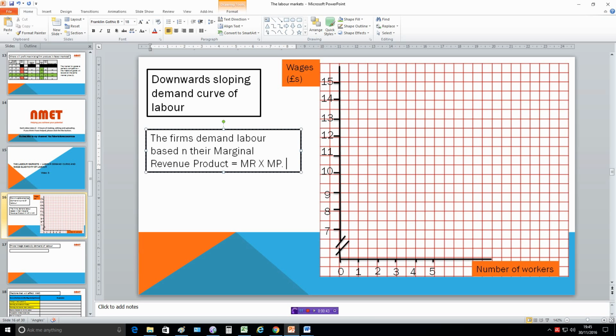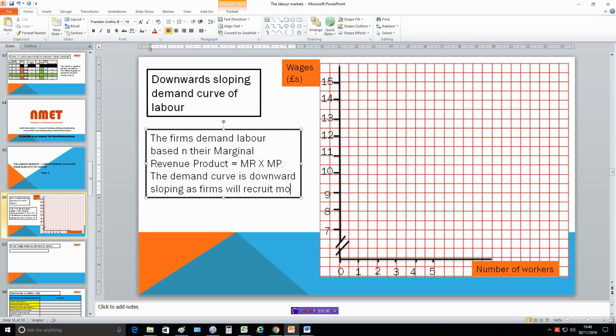The demand curve itself is downward sloping, as firms will recruit more workers if they have to pay lower wages.